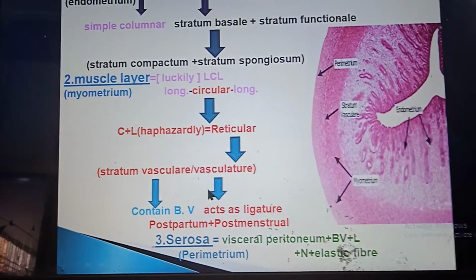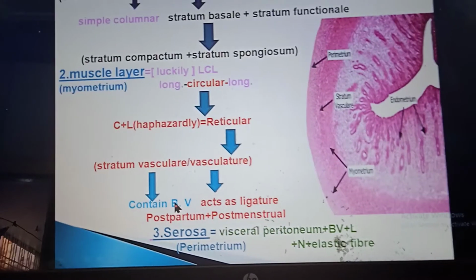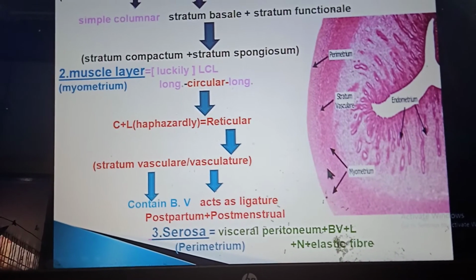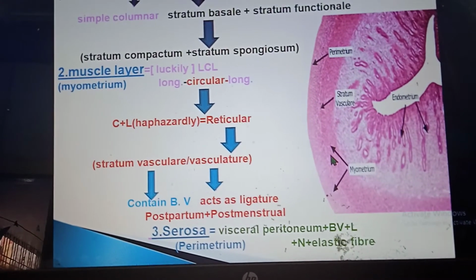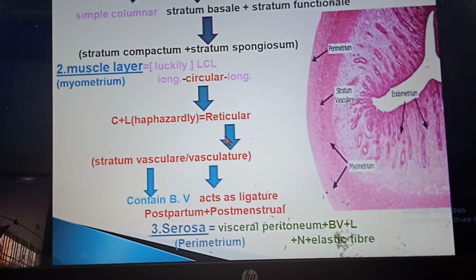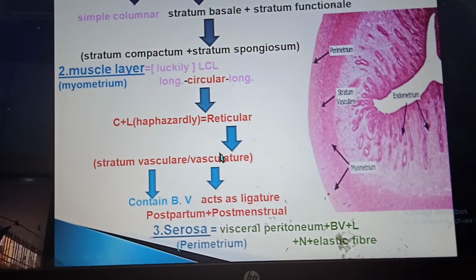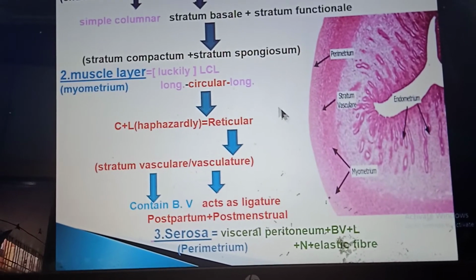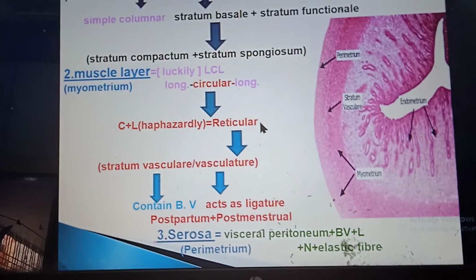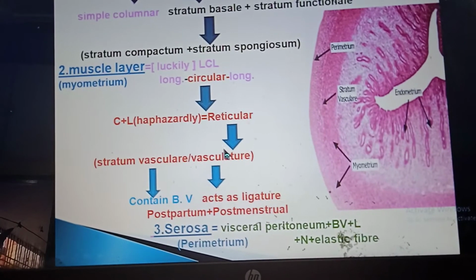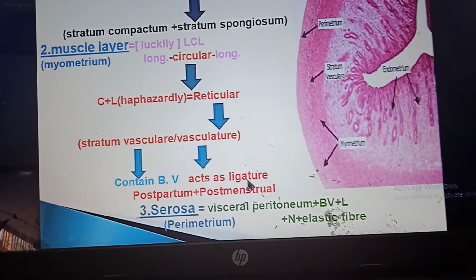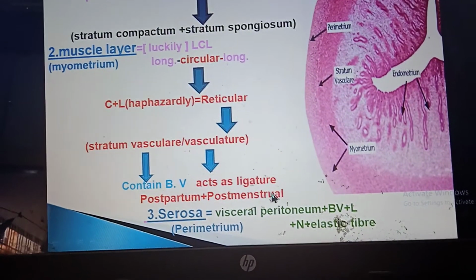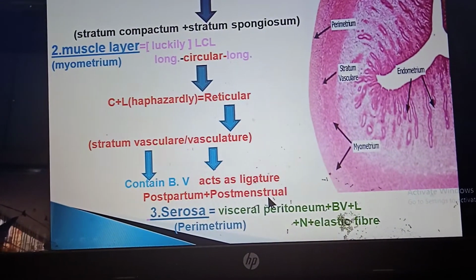It is also known as stratum vasculare due to the presence of large blood vessels within the middle reticular layer. This reticular pattern constricts the blood vessels and acts as a ligature after delivery, postpartum, and after menses, that is postmenstrual.